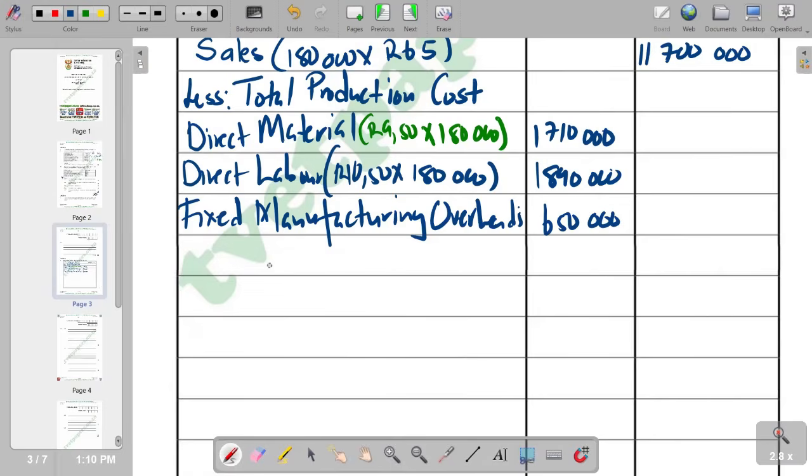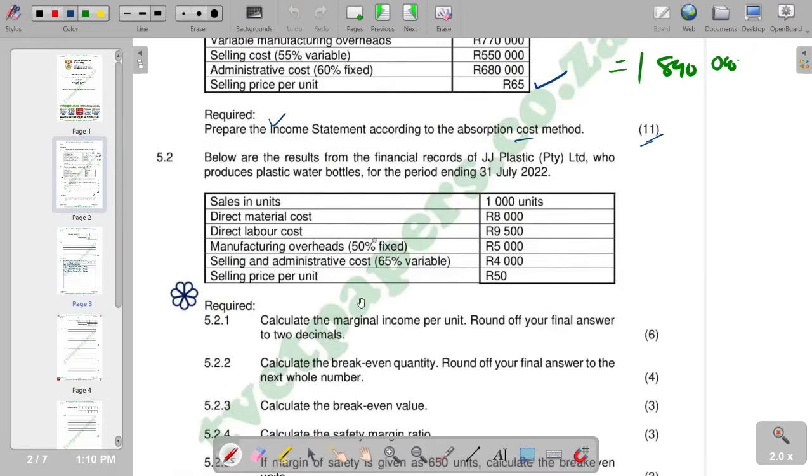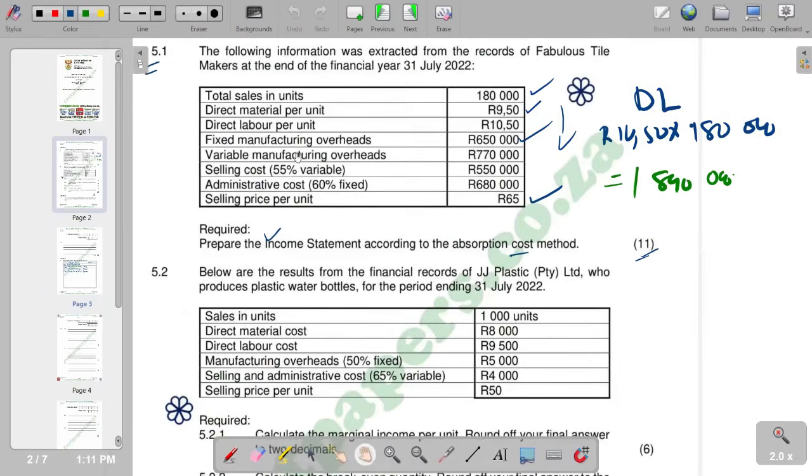And then the next one that we have is variable manufacturing overheads of 770,000.